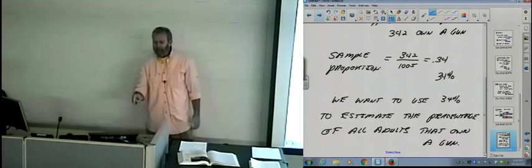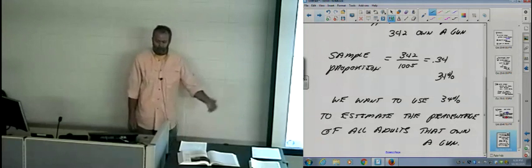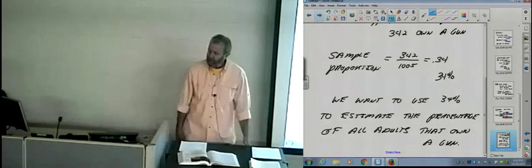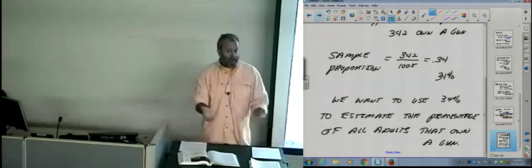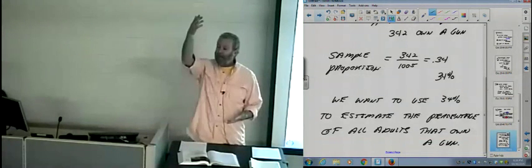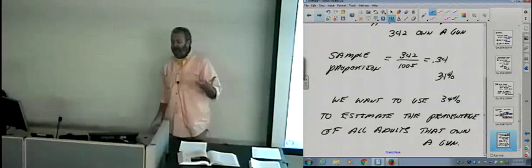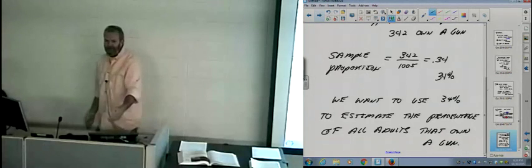Does everybody understand what I got written there? I know you can read the words. We want to use the 34% that we got from our sample to estimate the percentage of all adults that own a gun. We want to use what we just learned from our sample, that 34% of our sample own a gun, to estimate what we wanted to know about the population of all adults, the proportion or the percentage that owned a gun. I converted everything to percentage here.